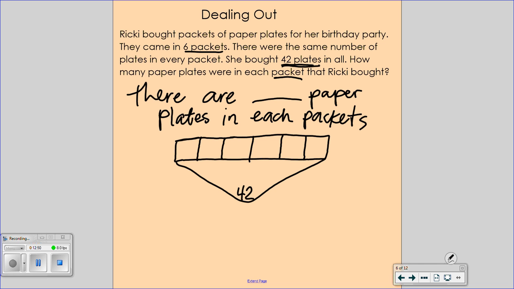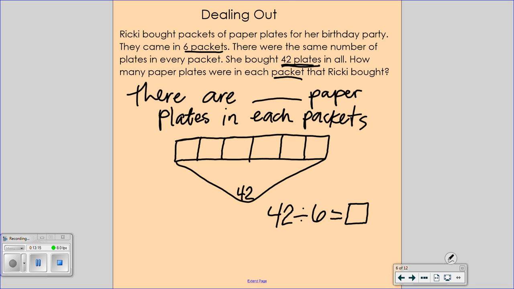Okay, tell me a division equation. 42, because we know division always starts with the total number, divided by 6 groups, equals blank. So I have 42 divided by 6.